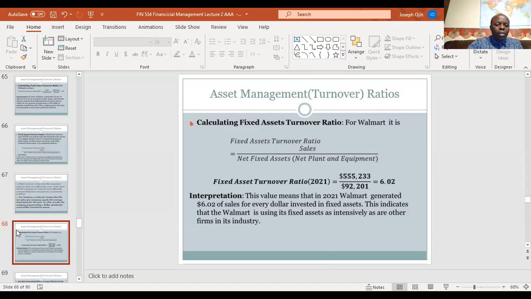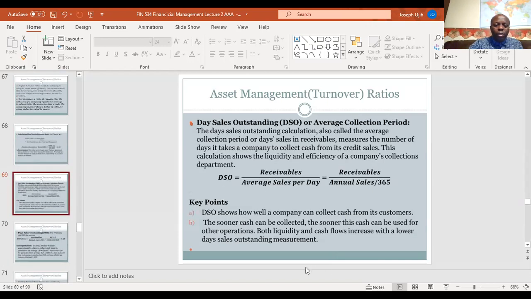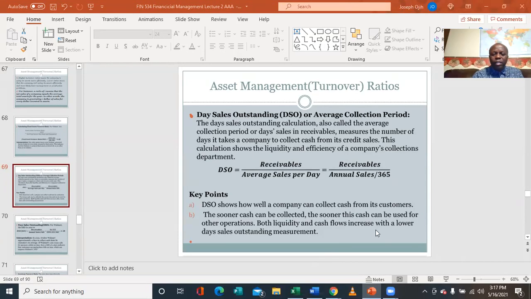Now, the third asset management ratio we're looking at is the days sales outstanding, or what we call the average collection period. This basically tells us the number of days it takes a company to collect cash from credit sales.